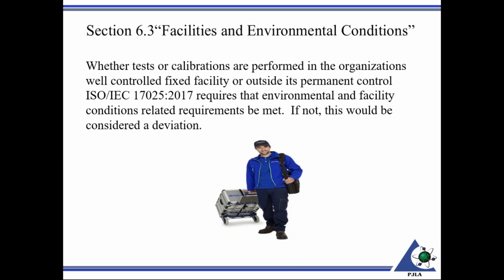The standard requires that environmental and facilities conditions related to the requirements be met. If they are not, this would be considered a deviation. We'll discuss that a little bit later, particularly those folks that are going on site. I know I'm a calibration program manager. I know a lot of calibrators perform the services of going on the customer site and performing calibrations there.